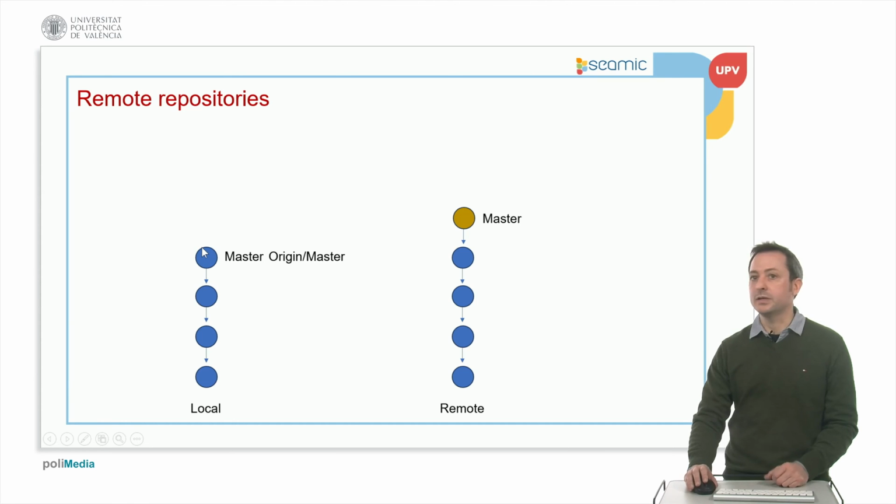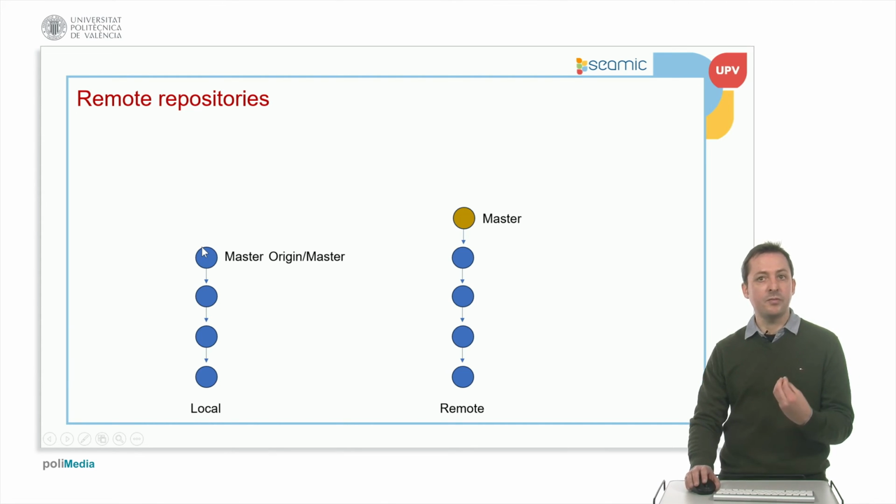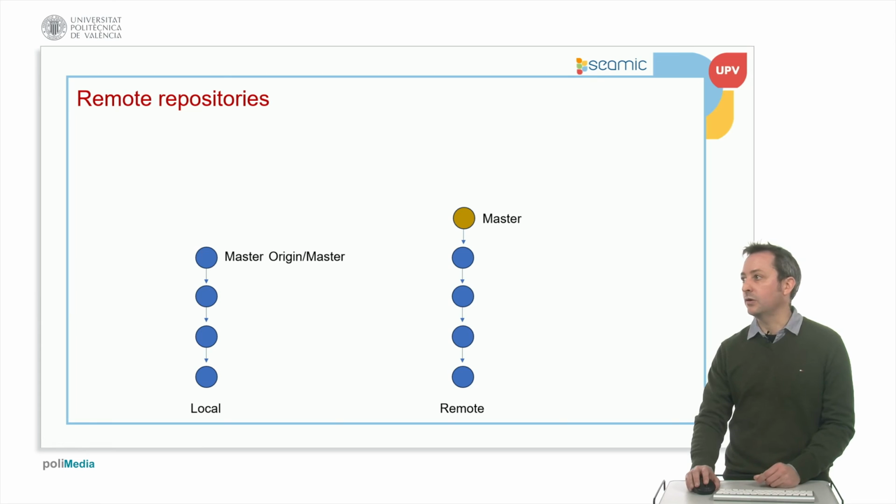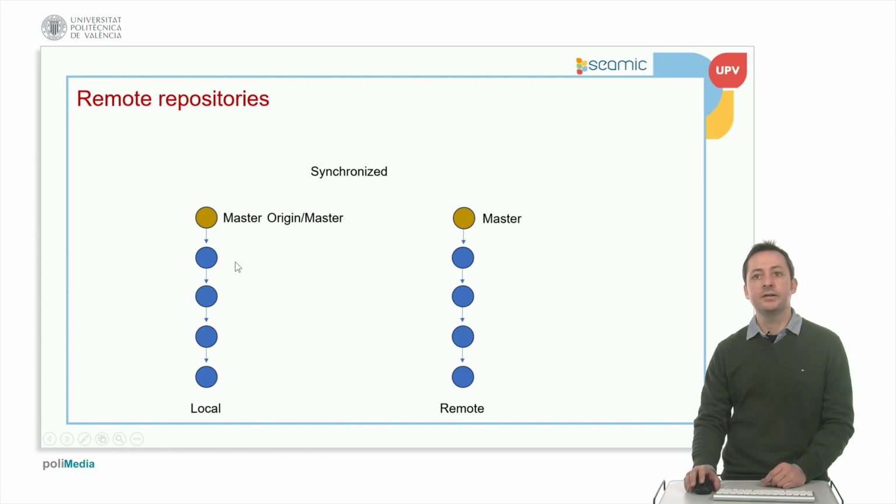So we say, okay, send me the reference of the master branch. Okay, I'm sending you this commit, which is the master, and who is the parent of this? It is this one. Okay, so I now have the complete tree of commits, so the synchronizing process has finished.